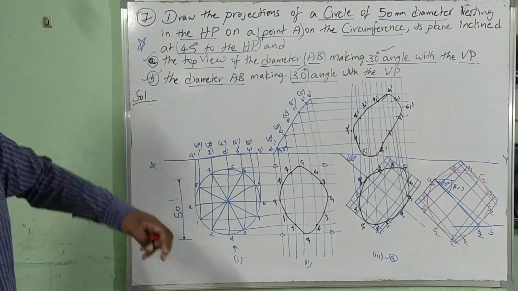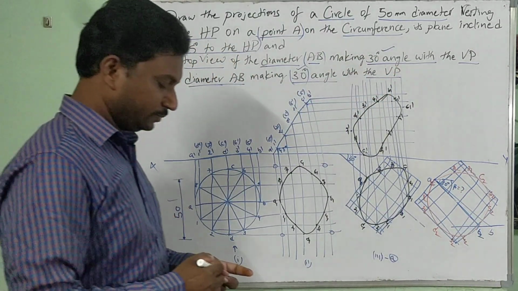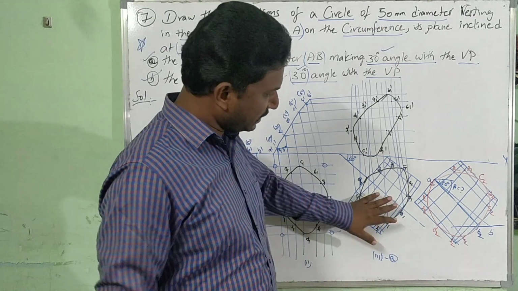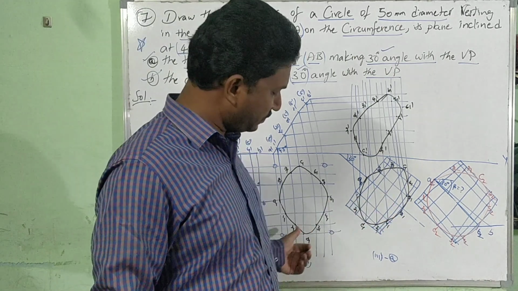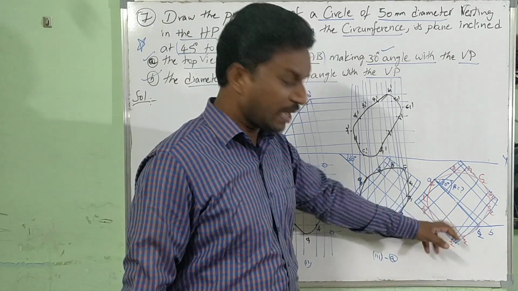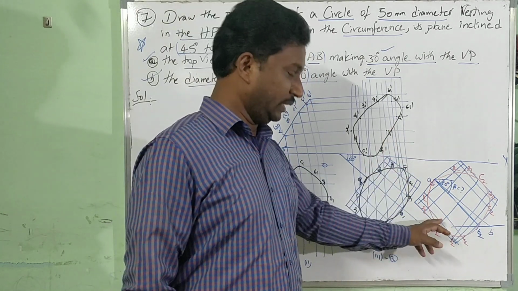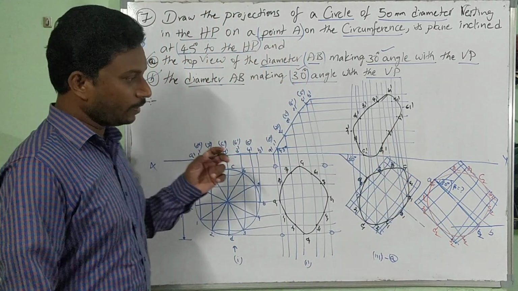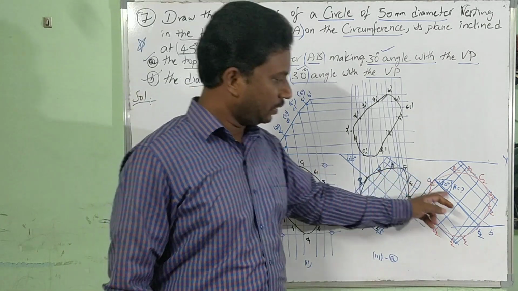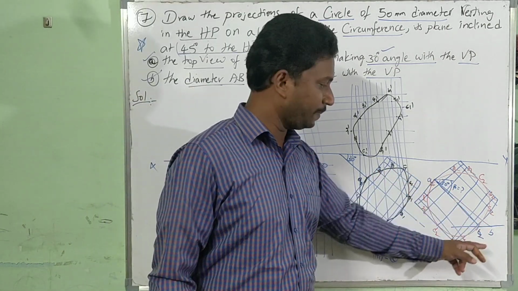Ellipse. Sorry, its diameter is big. Whatever reconstruction you did from the second stage to the third stage, same here. But in this second problem, it is taking a point and drawing AB at 30 degrees.